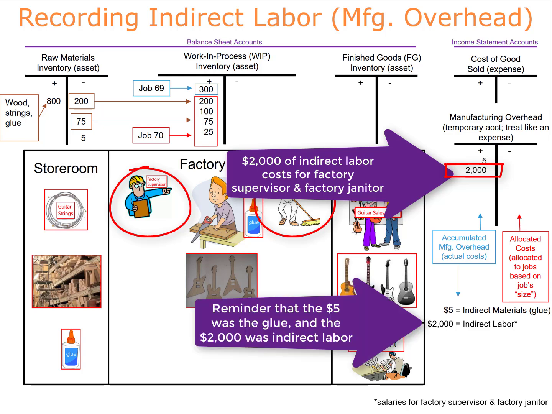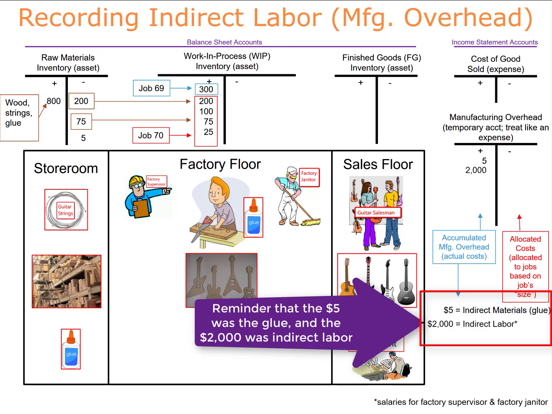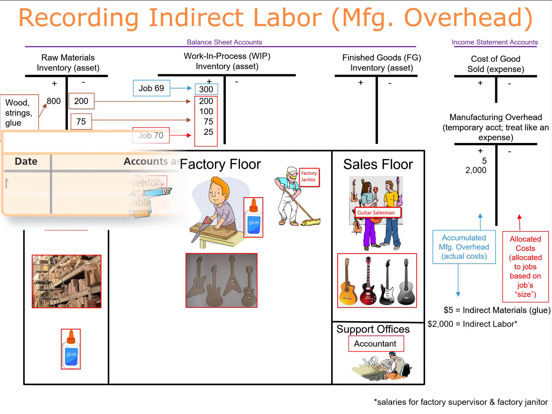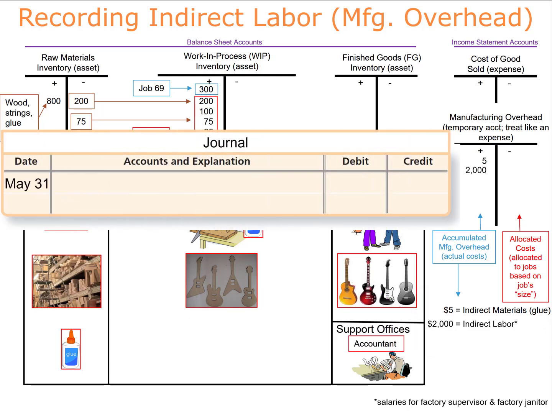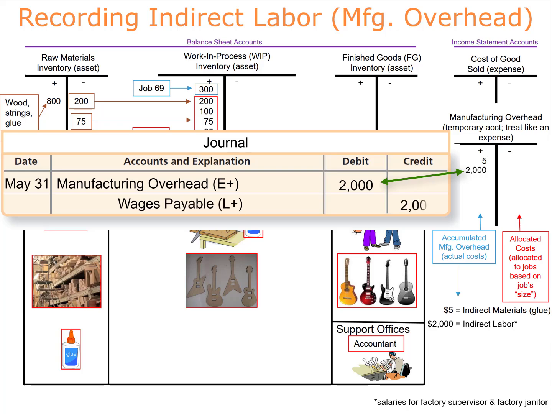Notice I've added a section below the blue box breaking down what the individual manufacturing debits are in case you forget and are wondering where they came from. So the journal entry for these salaries would be a debit to manufacturing overhead to increase this temporary expense account and a credit to wages payable, a liability increasing.